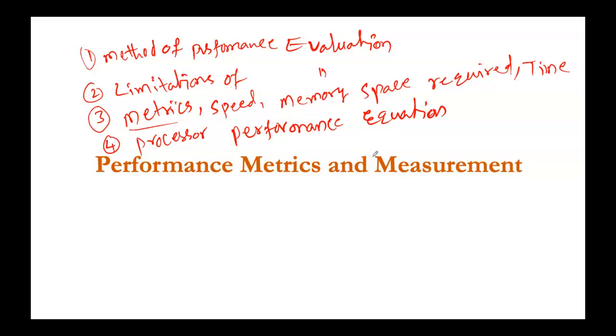How will the processor's performance be described mathematically? Does the equation portray the actual parameters of practical interest, or does the computational model described by the equation not match the processing architecture under test? So these few things come under the processor performance equation.